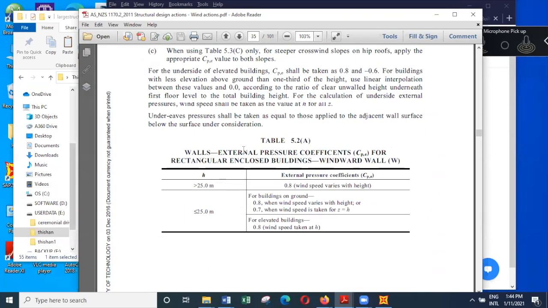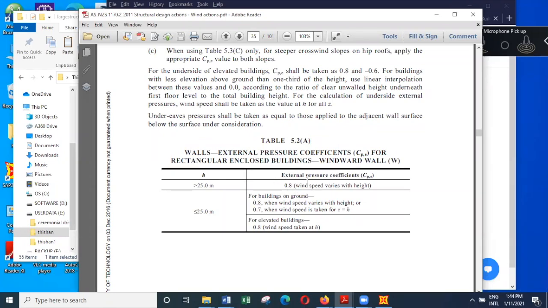And then you can see when you want to determine the wind acting on the building, we have to use a windward multiplier and a leeward multiplier.